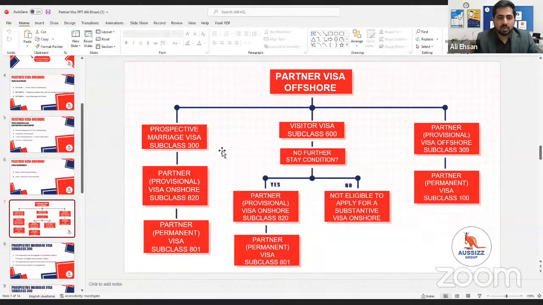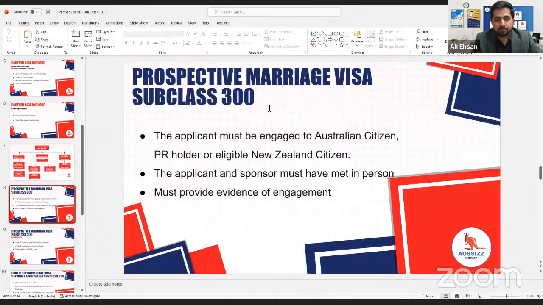You can apply for this visa before marriage, but once you get the visa, the partner must come to Australia, you get married, and then you have to apply for subclass 820. That process is similar to what we discussed on the last slides.